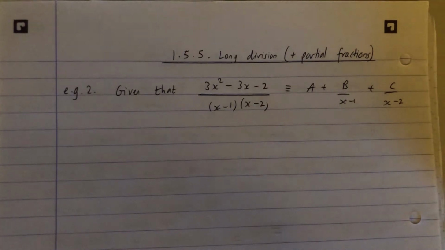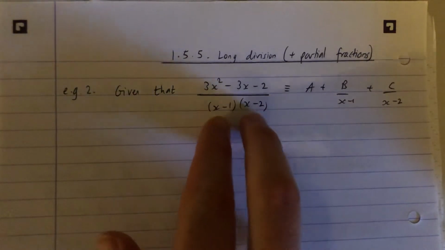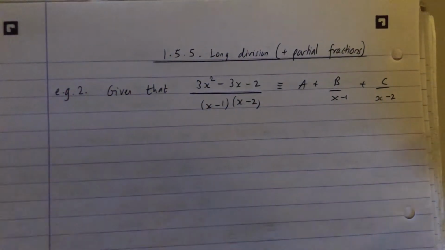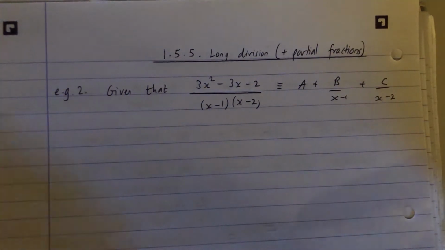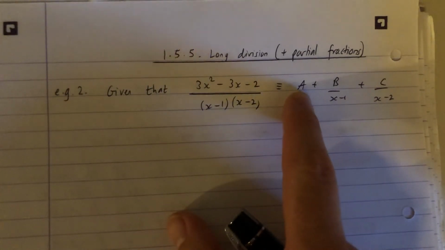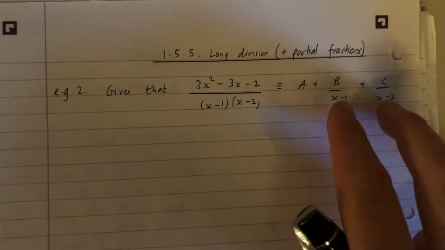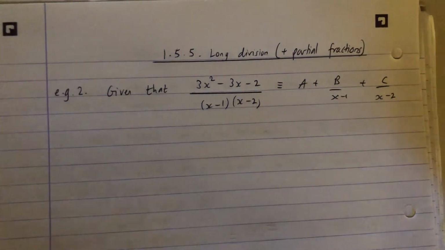So what we have got is an algebraic improper fraction, quadratic on the top, quadratic on the bottom, so that's improper. And then the right hand side looks at first glance like a quotient and a remainder, but the remainder has been split into partial fractions.